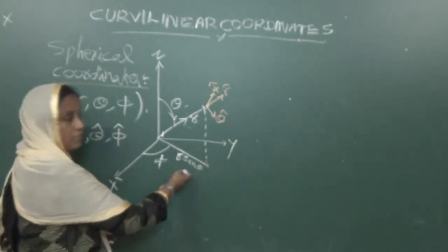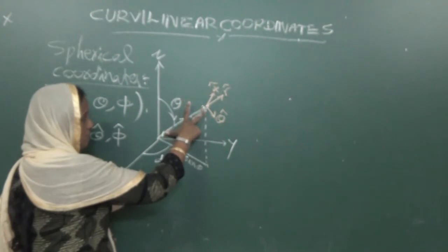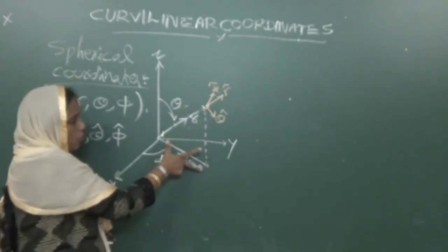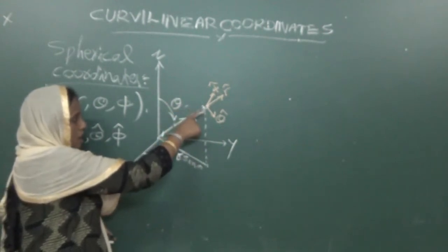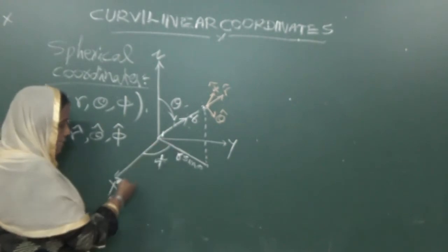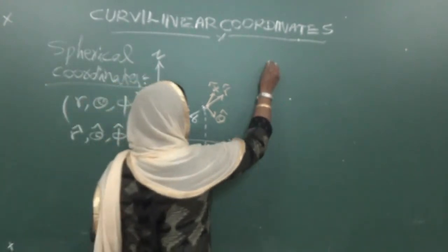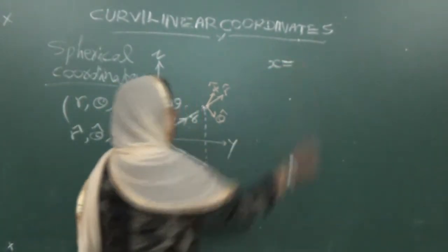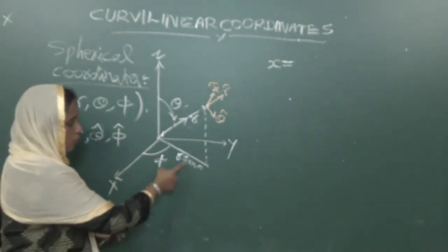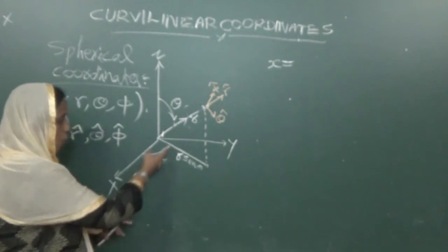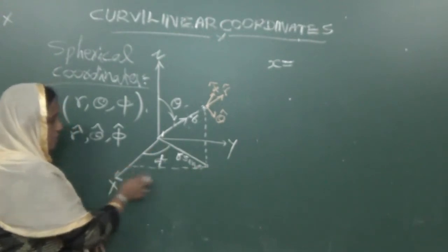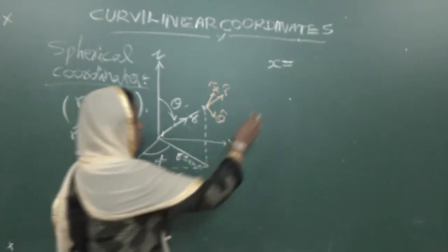Is it clear? Because this is vector r, this angle is theta, so its projection on this plane is given by r sin theta. Now the x component: x is equal to r sin theta cos phi, right? You can find out from here itself.